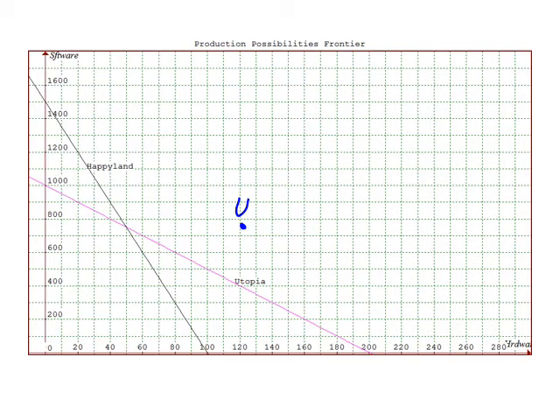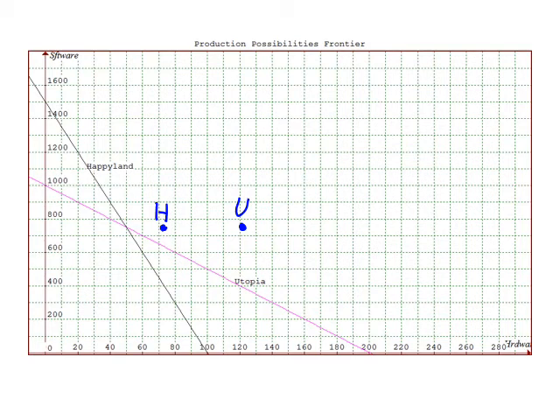And if we looked at Happy Land, they had 75 units of hardware, and again 750 units, so approximately here. These two spots are where they consume after specialization, and you can see relative to both of their production possibility frontiers that it has now exceeded their own PPFs, which makes them better off.